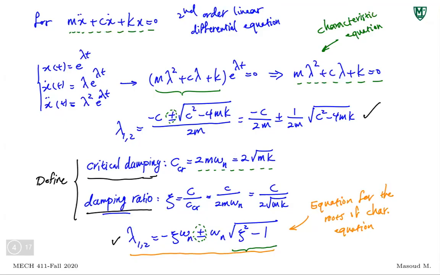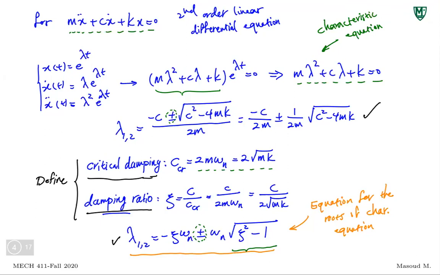If I plug them back, I get the equation for the roots of the characteristic equation, the last equation at the bottom of this slide. I said lambda 1 and 2 is minus zeta omega n, omega n being natural frequency, square root of k over m, plus or minus omega n times the square root of zeta squared minus 1. That plus or minus means with plus we get one root, with minus we get another root.